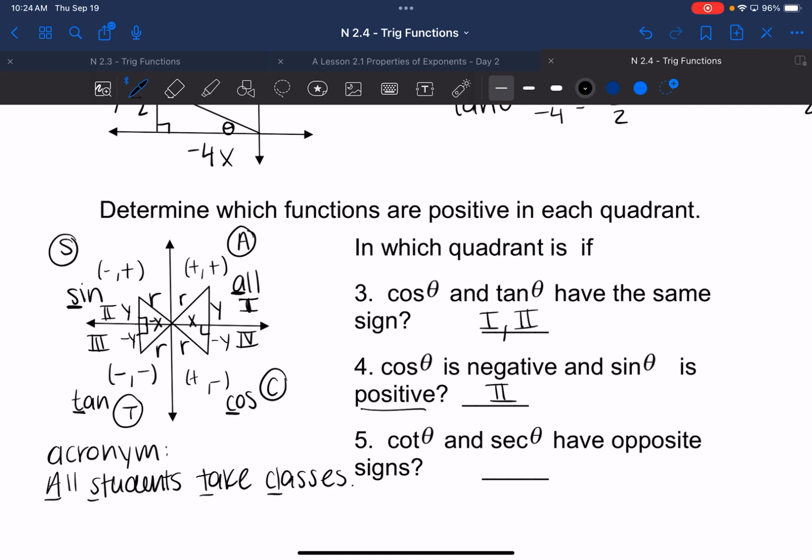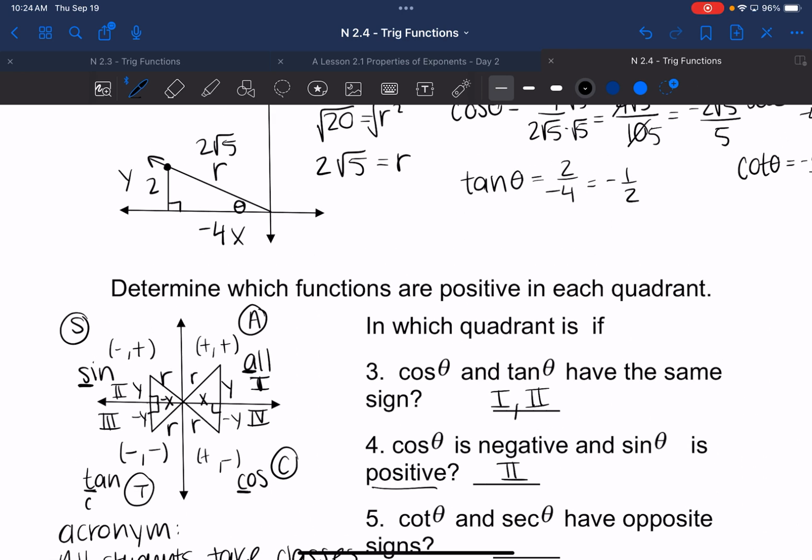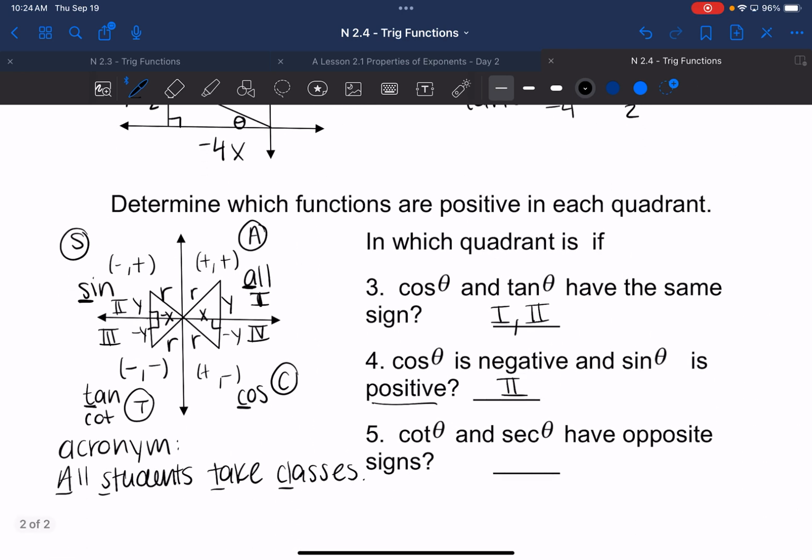All right, lastly, we've got cotangent and secant. Well, those are the same as tangent and cosine, right? They're just the reciprocals, so their signs should hold true. If tangent's positive here, then so is cotangent. And if cosine is positive here, then so is secant, because all I'm doing is flipping them over. I don't change signs. So I want to know where those two would have opposite signs.